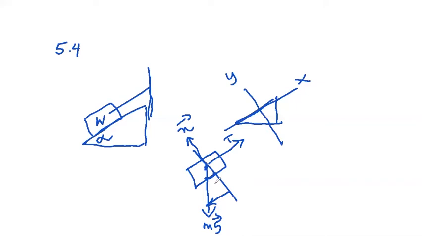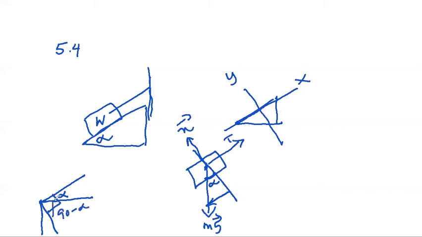So I need this angle here, and that angle is the same as the angle of incline. Let me prove that. Here's your angle of incline alpha, and here's your normal, which is normal to the incline. Here's your force mg going straight down. This is alpha, and this is 90, so this has got to be 90 minus alpha.